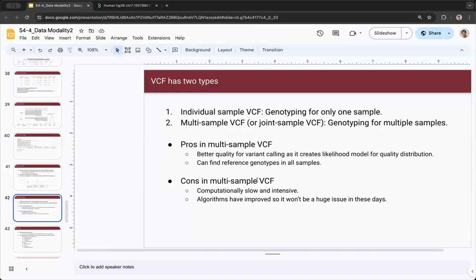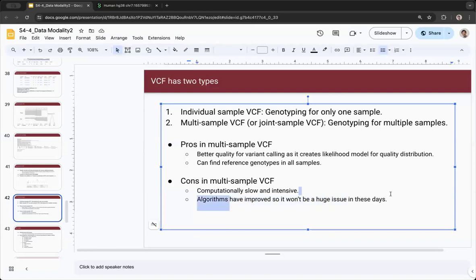You can use deep learning, and you can use all different computational engines like cloud computing. So computation does not really matter, and the algorithm can handle that information. If you want to create a VCF for 10,000 samples, it's not going to take 6 months. It only takes 7 days. So it won't be a problem, right?